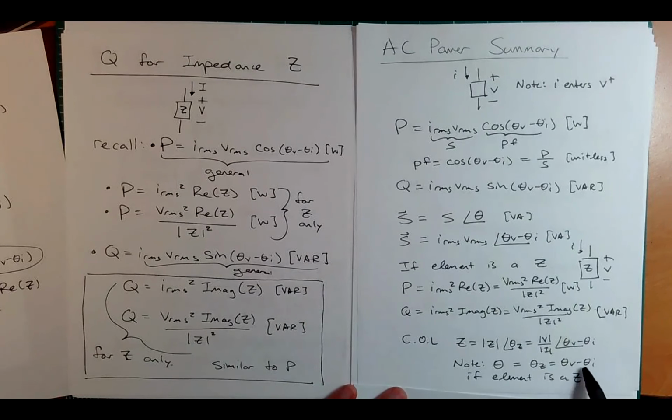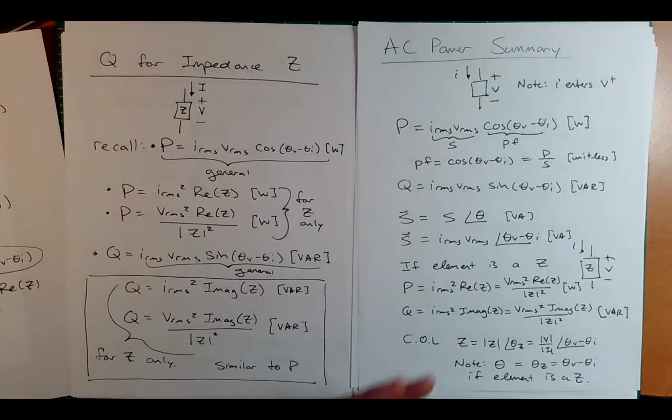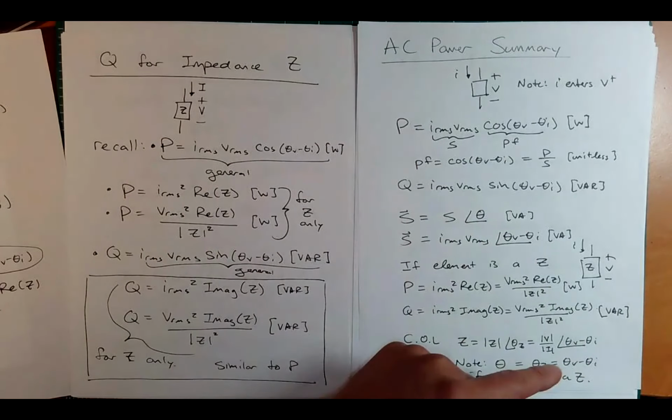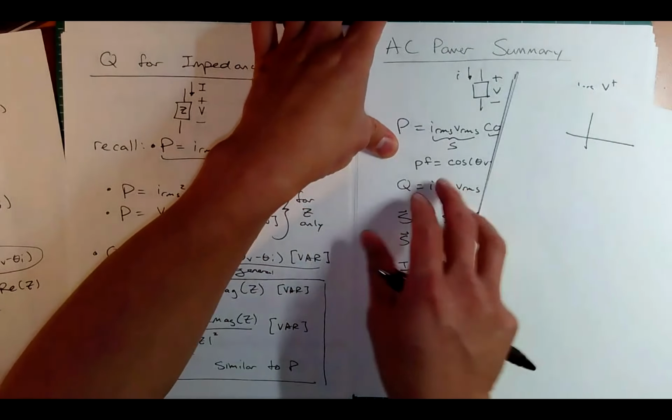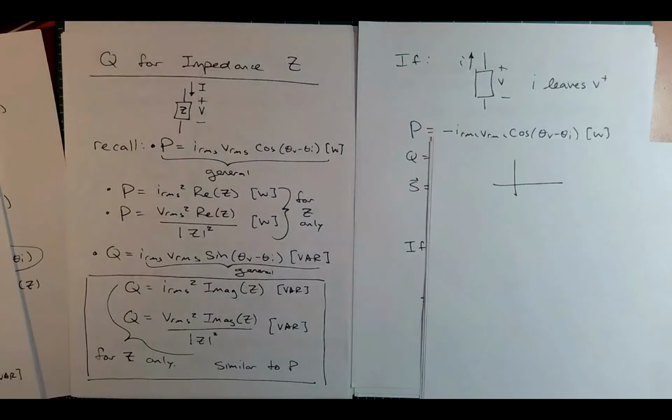It is also theta V minus theta I. Now this only works if the element is a Z, not a power supply or anything, just a Z. But that's a nice observation. The power angle is the same as the phase of an impedance. Nice coincidence.